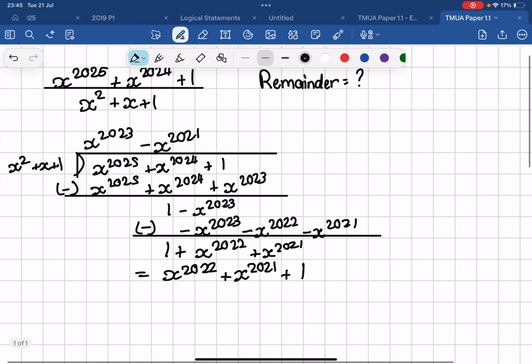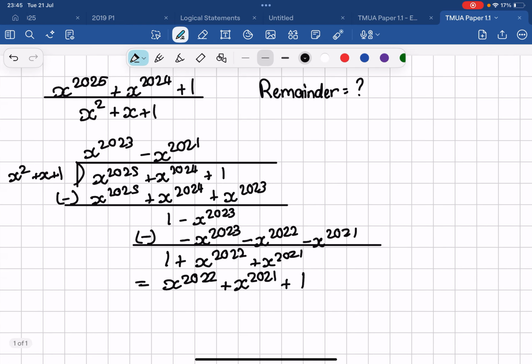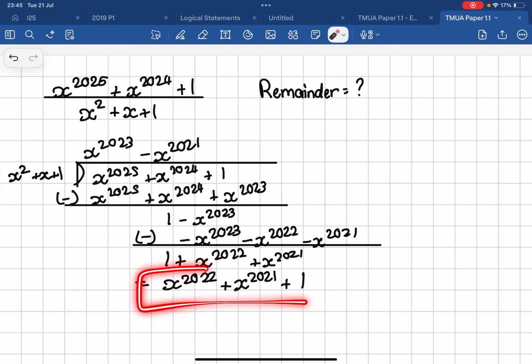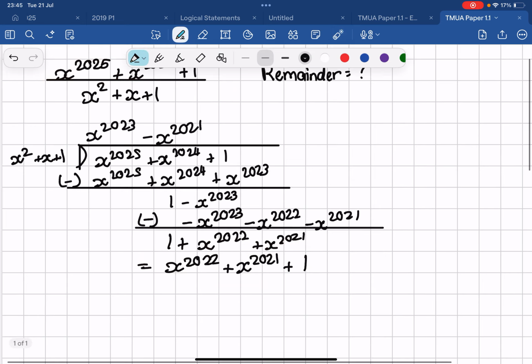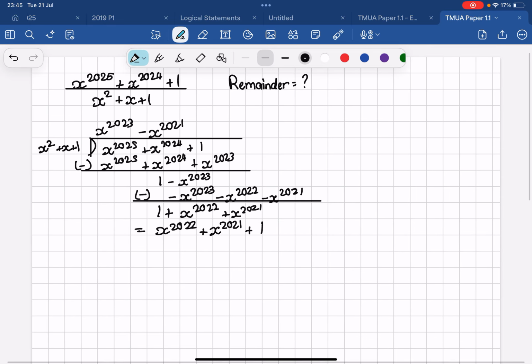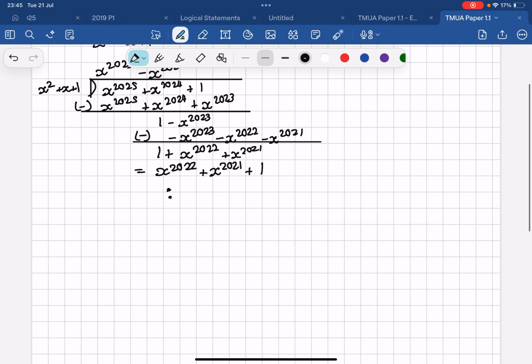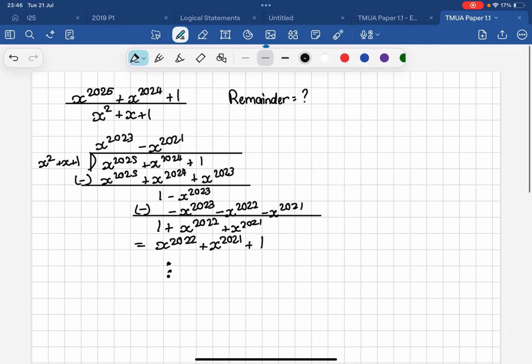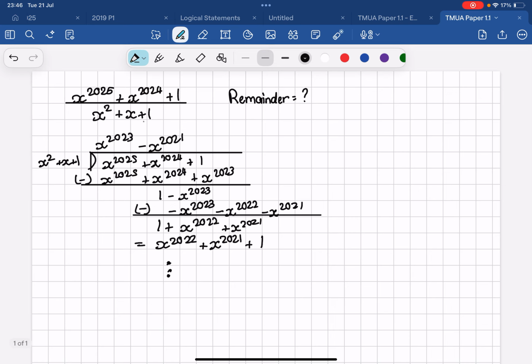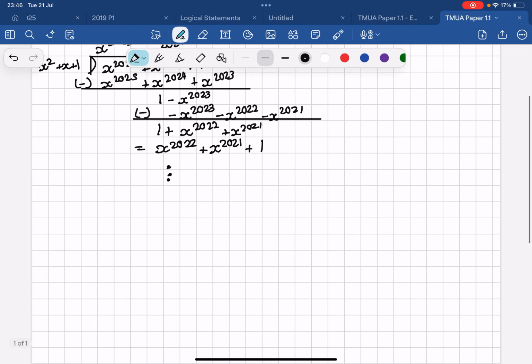Now notice how, again, we've got a similar structure here, from here to the actual question, except that the powers have just dropped by 3 for 2025 and 2024. So we can keep doing that essentially until we get down to, or close to, x squared plus x plus 1, and make the division much easier for ourselves.